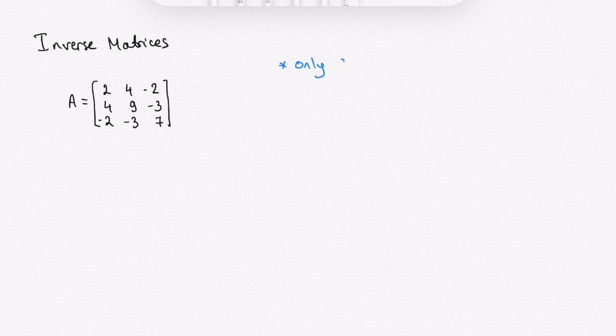Only square matrices can have inverses. Now, don't take this to mean that all square matrices have inverses, but if a matrix has an inverse, then it must be a square matrix. In other words, if a matrix is not square, then it has no hope of being invertible.